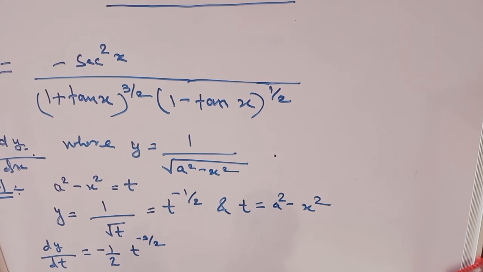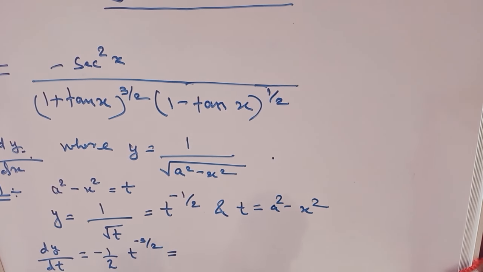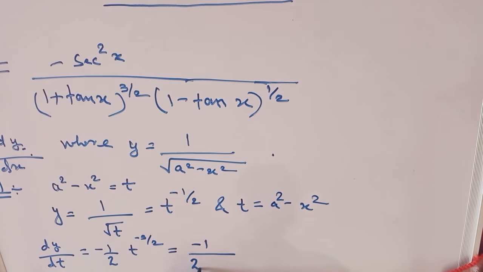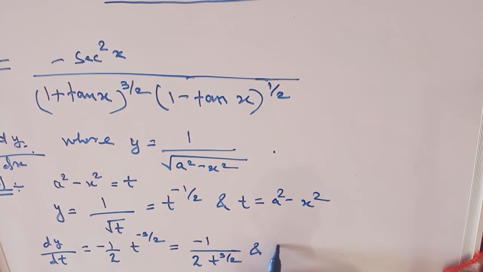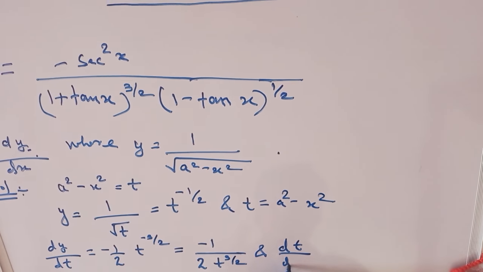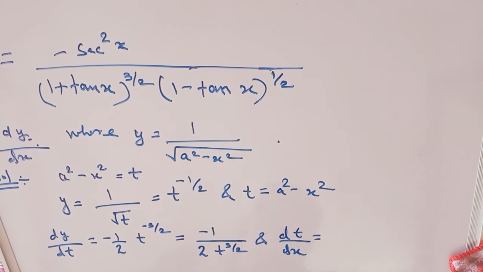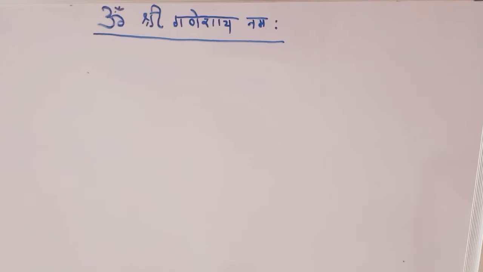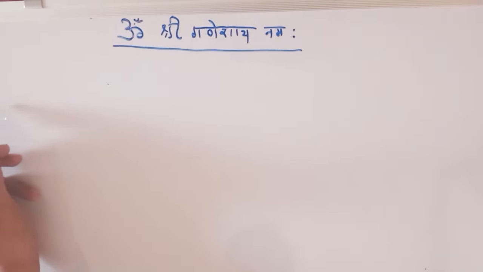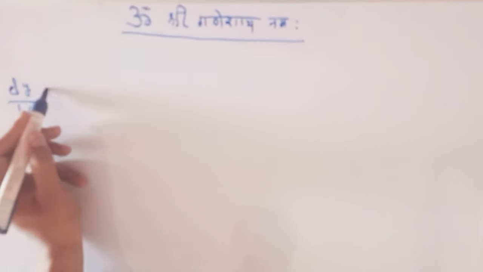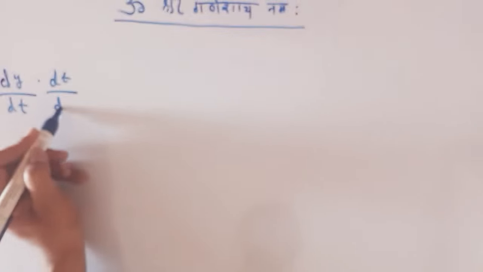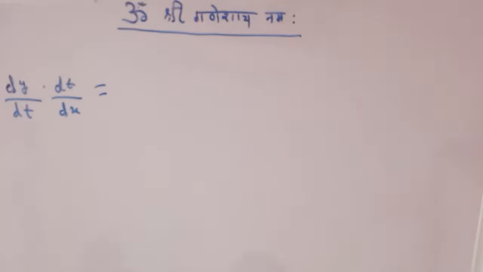So it will be equal to minus 1 upon 2 t to the power 3 by 2, and similarly dt upon dx will be equal to minus 2x. Now multiply both, dy upon dt multiplied by dt upon dx. So we'll get dy upon dx here.